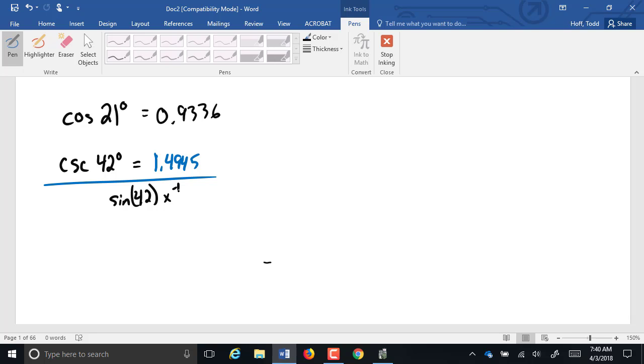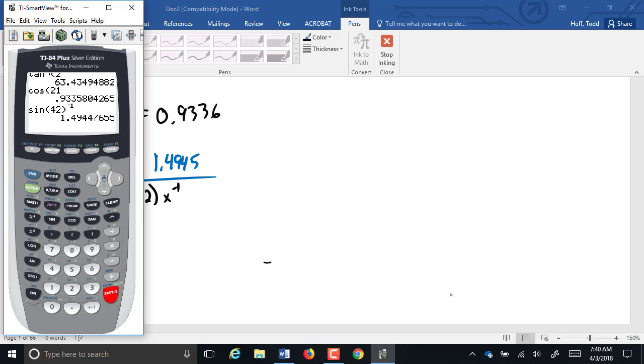The x to the negative 1 is on the left side, about the third, fourth key down. Nope, it shouldn't be a second key. Oh, I can't. Right above the 7. You bet.